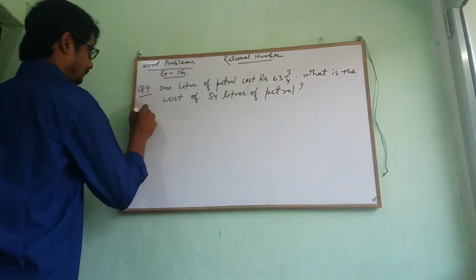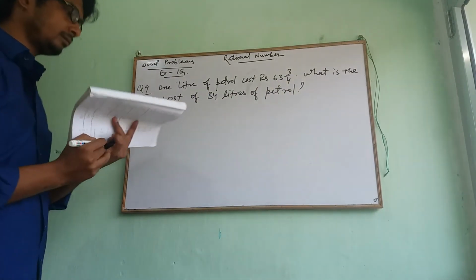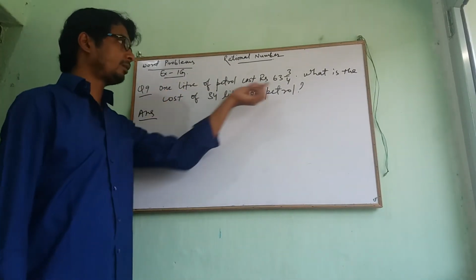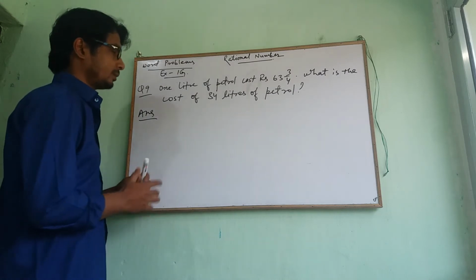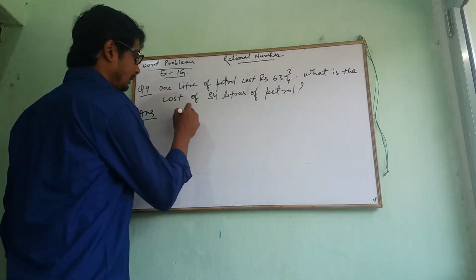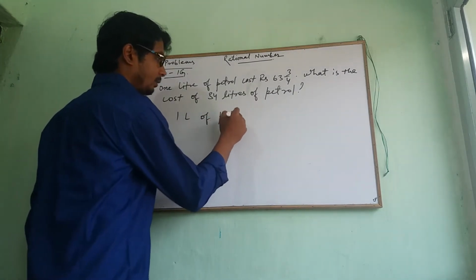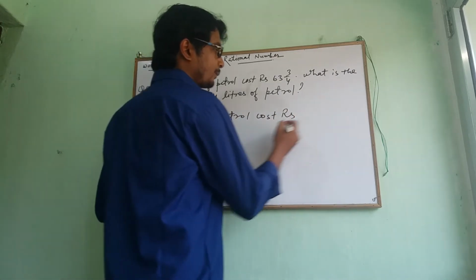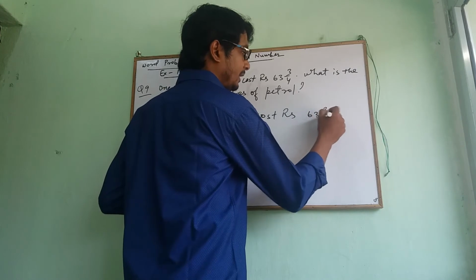Let's see. It is given here that 1 liter of petrol costs rupees 63 whole 3 by 4. So 1 liter of petrol costs rupees 63 whole 3 by 4.